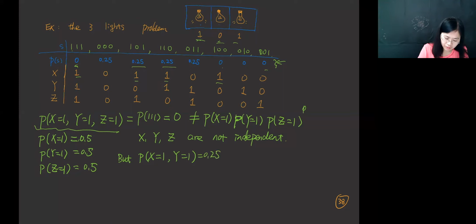And you can calculate the same thing for y equals 1 and z equals 1, as well as x equals 1 and z equals 1. They are all 0.25.